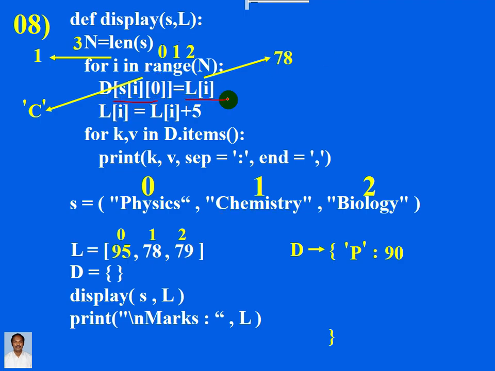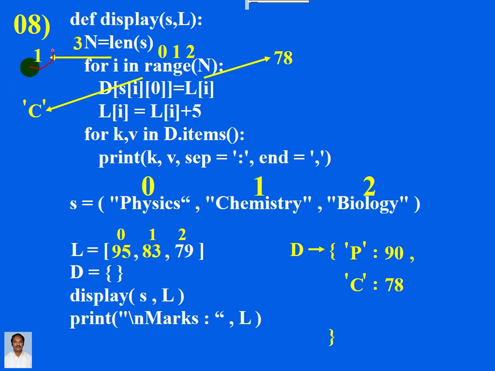C colon 78 will be inserted into dictionary D because this key and this value, key value pair will be inserted. Now I is 1. L of 1 will give you 78. 78 plus 5, 83. That is assigned to L of 1. So this L of 1 becomes 83.